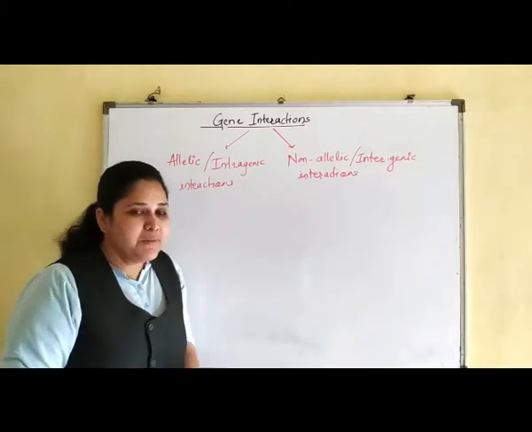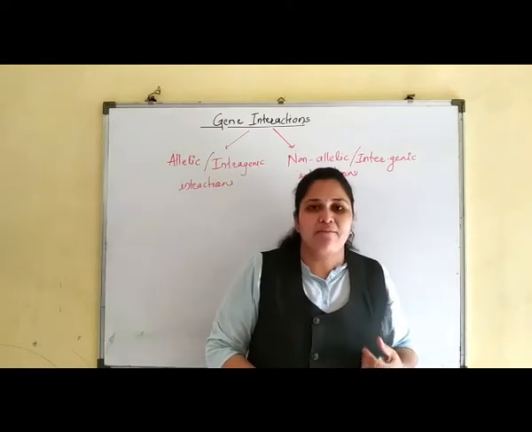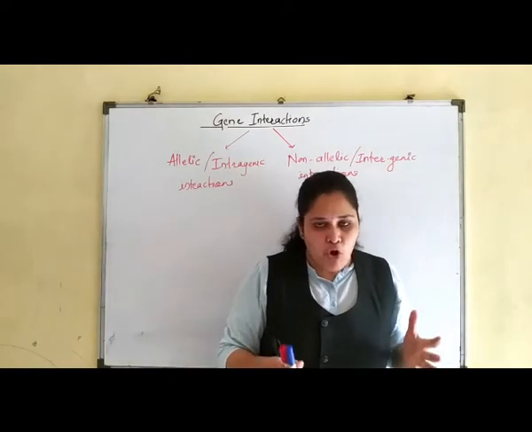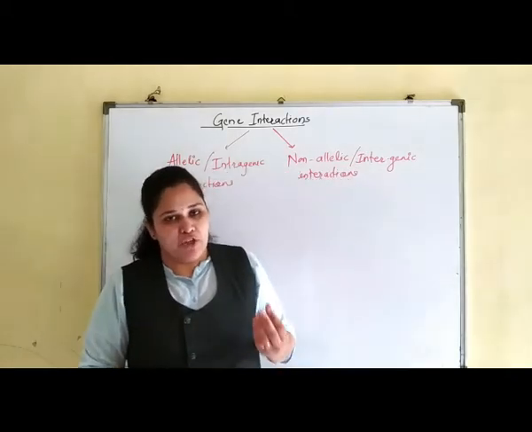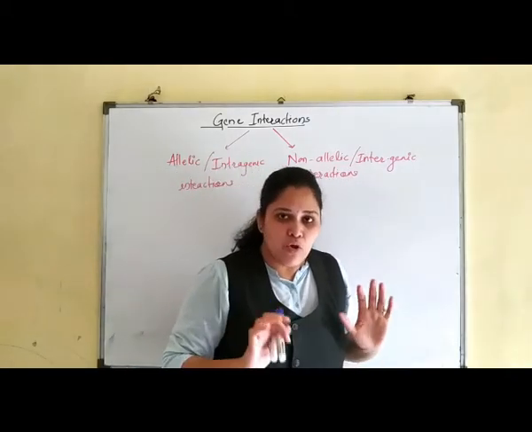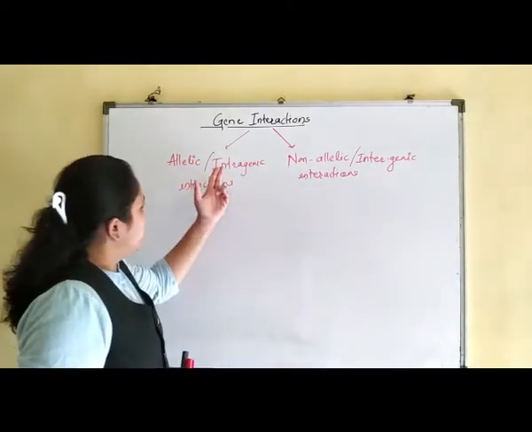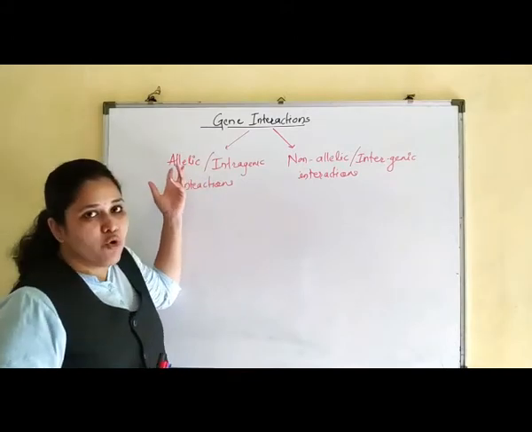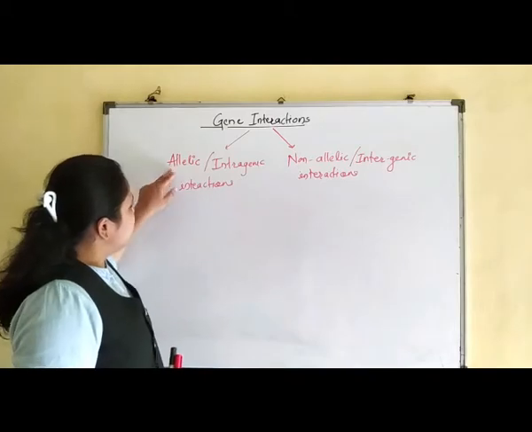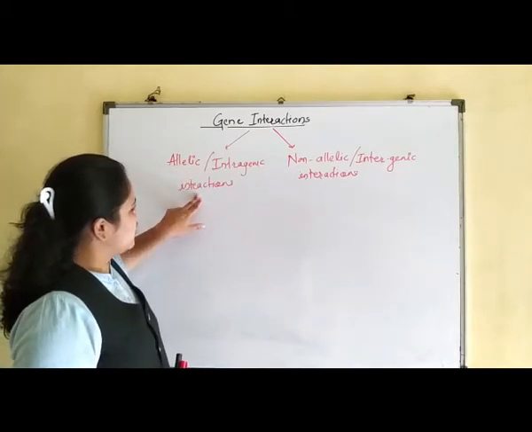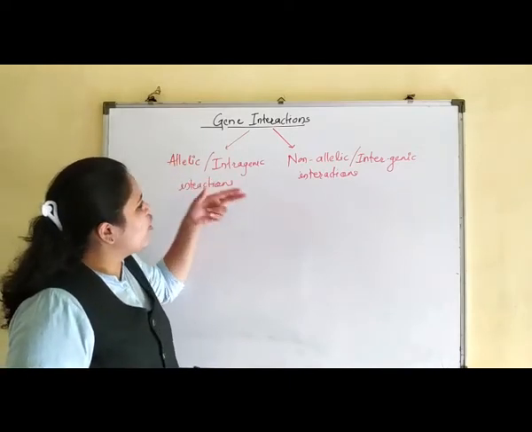This concept is based on the fact that there are some genes which have more than two alleles, or some traits which are regulated by more than one gene. Where there is an interaction between two or more alleles of the same gene, that is known as allelic or intragenic.